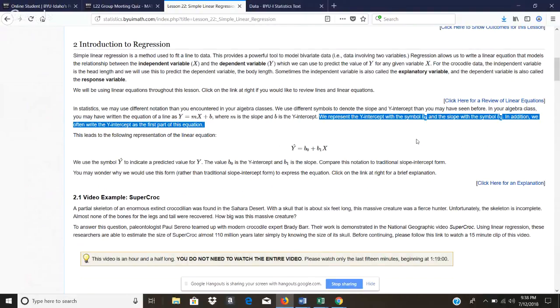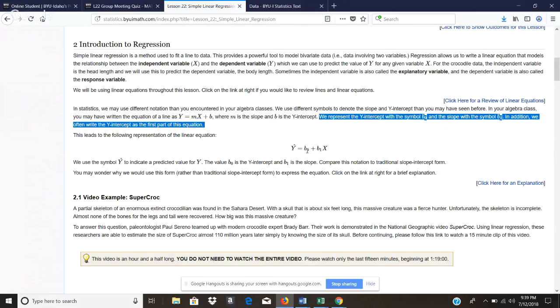It's kind of weird. Why would this be the y-intercept and this be the slope when you also write the y-intercept as the first part of the equation? So you always write the y-intercept first, which is this b0.